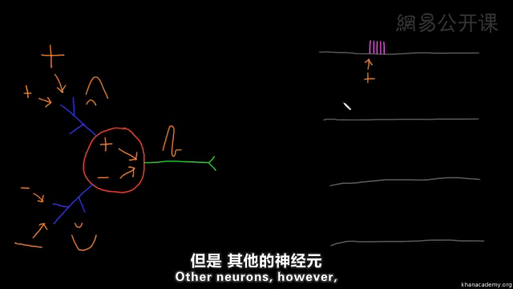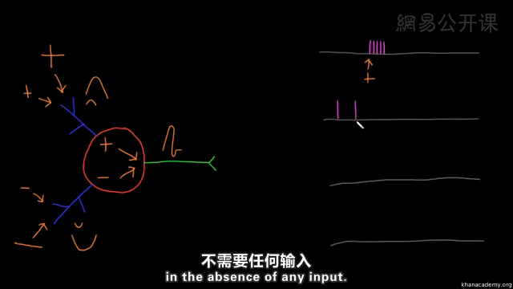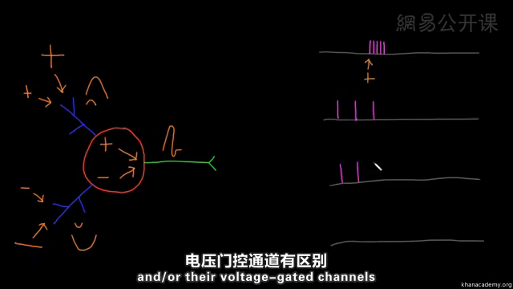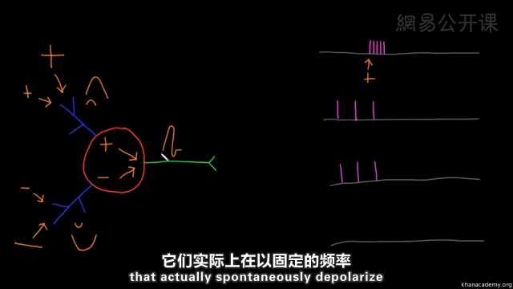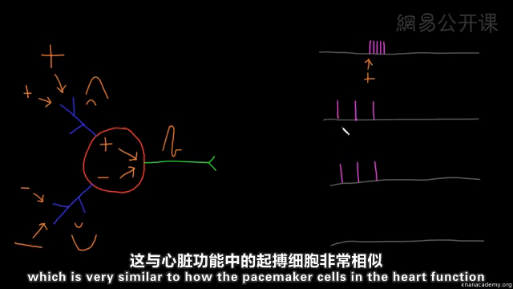Other neurons, however, actually fire action potentials at a regular rate in the absence of any input. The reason they do this is that they have differences in their leak channels and/or their voltage-gated channels that spontaneously depolarize the membrane to threshold at a regular interval, which is very similar to how the pacemaker cells in the heart function.